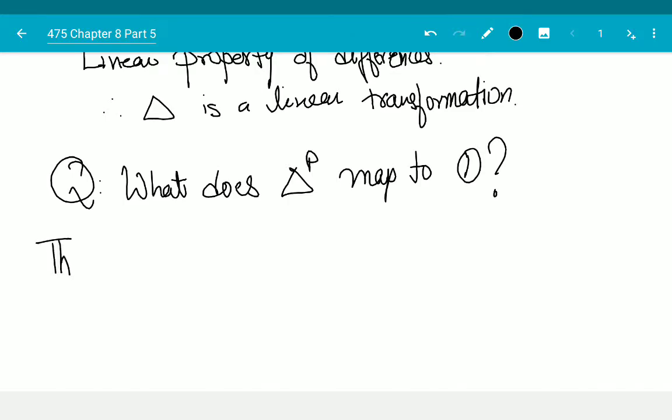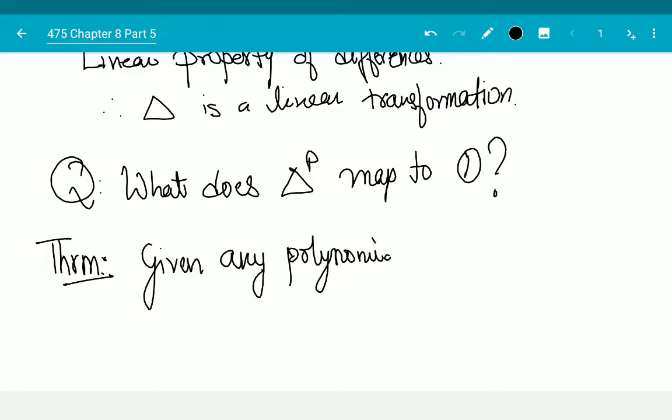Theorem. Given any polynomial f of x, let P be equal to the degree of f. Okay?